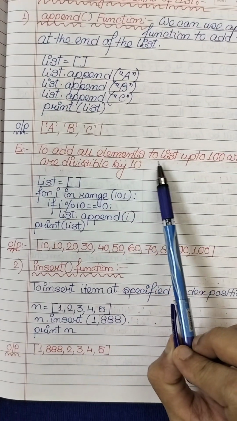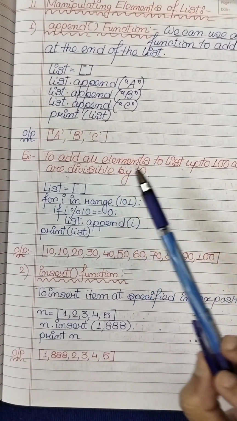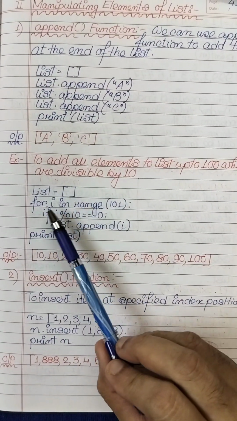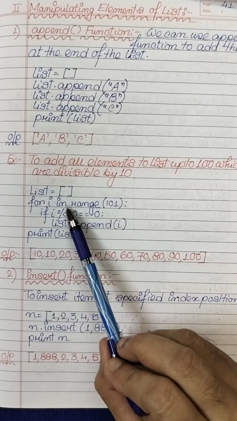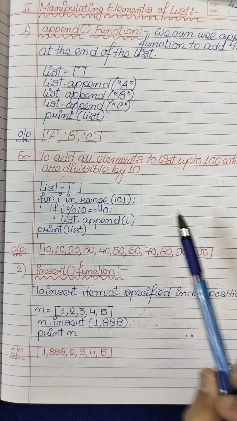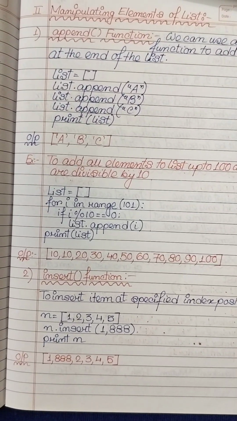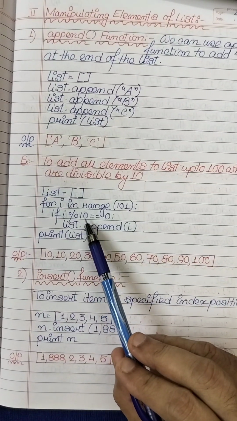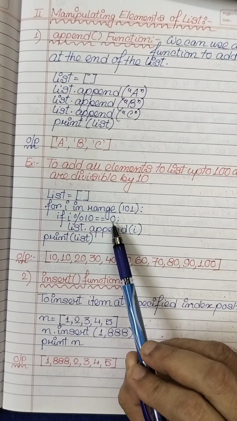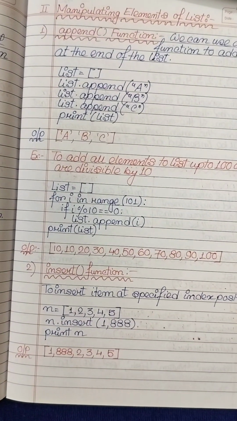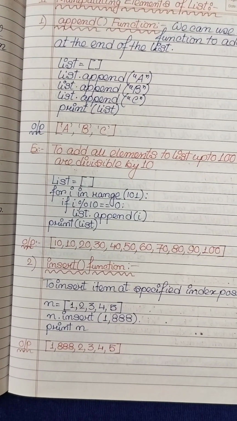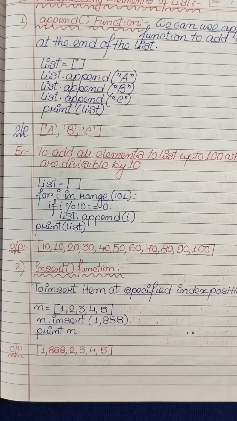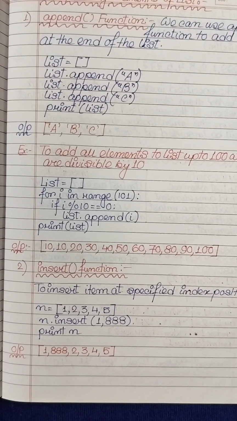Now, to add all elements to a list up to 100 which are divisible by 10. Suppose here is a list, list is equal to empty, for i in range(101), that means it will run from 0 to 100. If i mod 10 is equal to 0, that means if the value of i divided by 10, the remainder or modulus, gets 0, then list.append(i). Print the list.